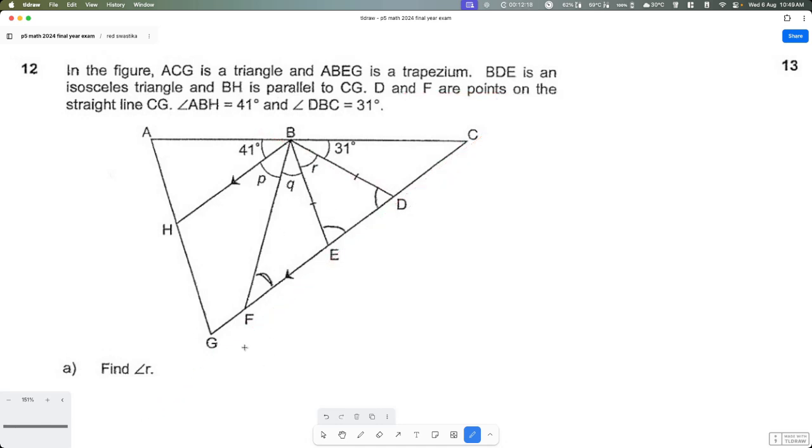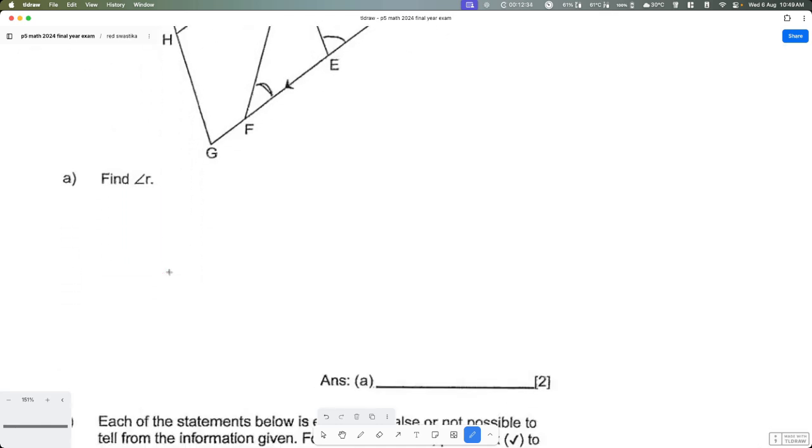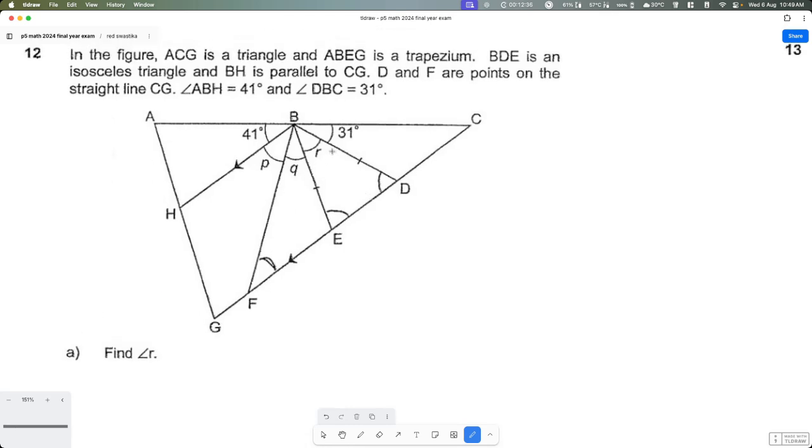D and F are points on the straight line. Angle ABF is 41 degrees and angle BC is 31 degrees. Now find R. So we have R over here, and this is an isosceles triangle.